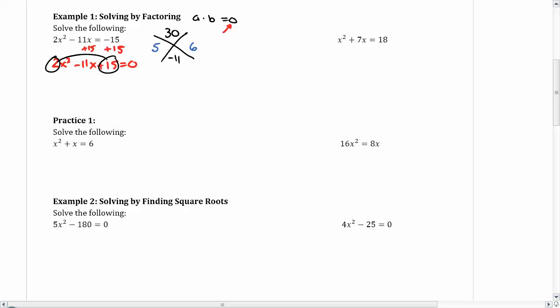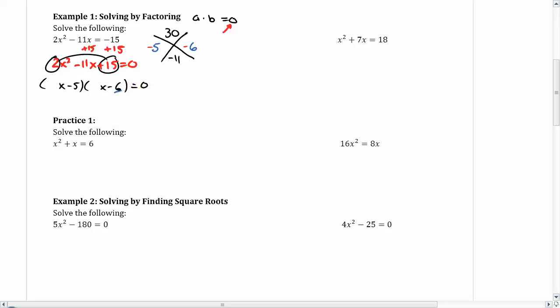So 5 times 6. Now the problem is when you add those, you get positive 11. So switch it to negatives, negative 5, negative 6. Okay, factor it out. x minus 5, x minus 6 equals 0. The one trick is going to be remembering to put this equals 0 at the end of each one.